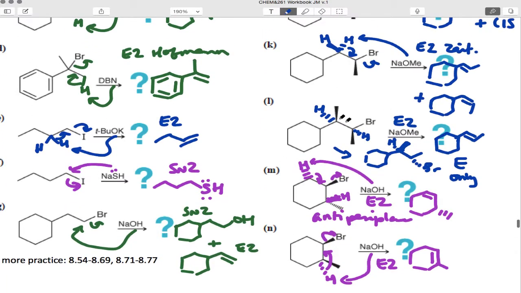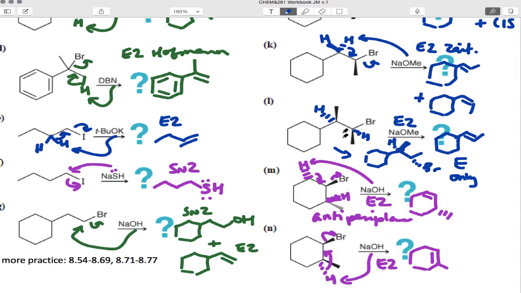And then with this one, notice that all of a sudden we don't have our choice of hydrogens. So I'm assuming to take whichever one is antiperiplanar to bromine at any given time. But what's going on here is I've got one of those hydrogens replaced by a methyl. So I can only take the bromine when it's antiperiplanar to this hydrogen.